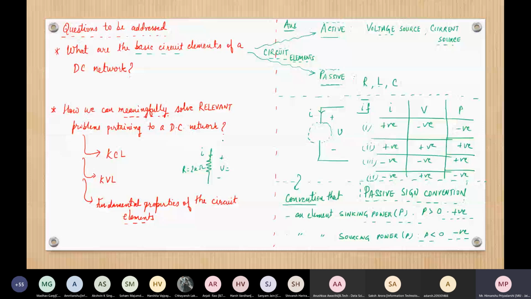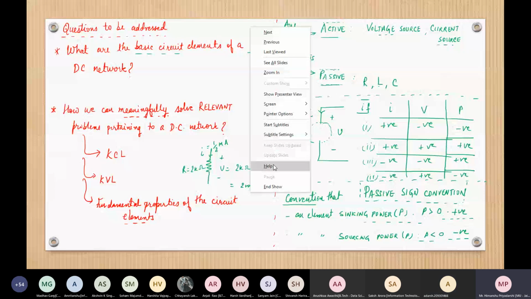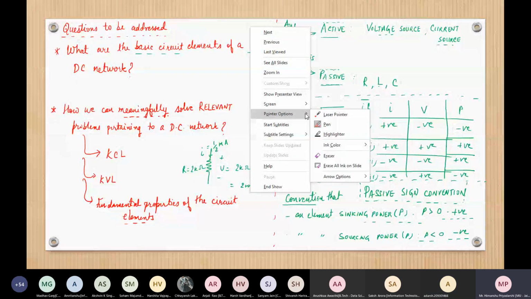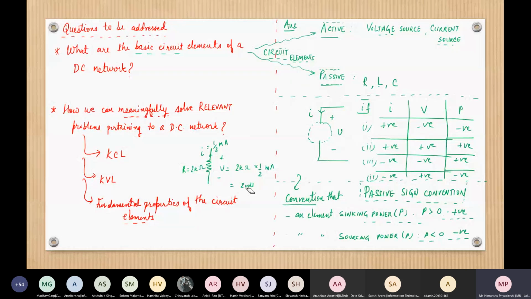Then what will be the value of the voltage? 2 kilo ohm into 1 by 2 milliampere gives me 1 volt. You're correct, thank you, dear. It's 1 volt. But I have demonstrated that case 2 is possible. You agree with me or not?